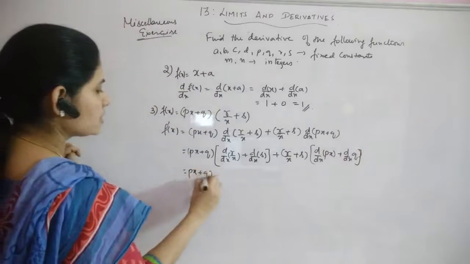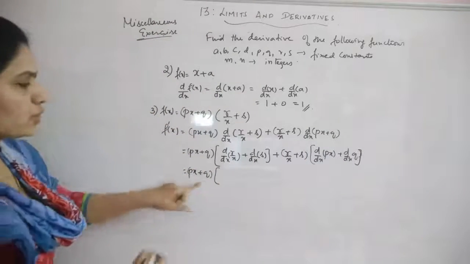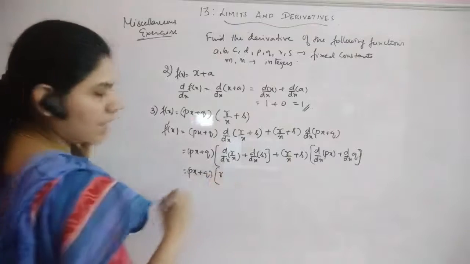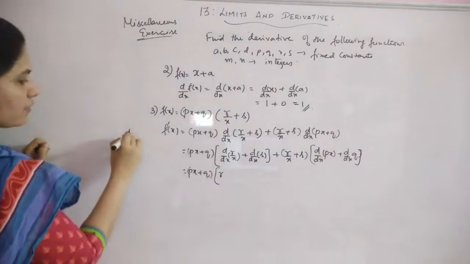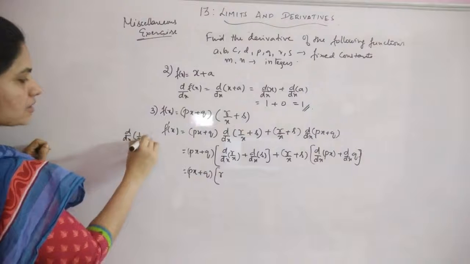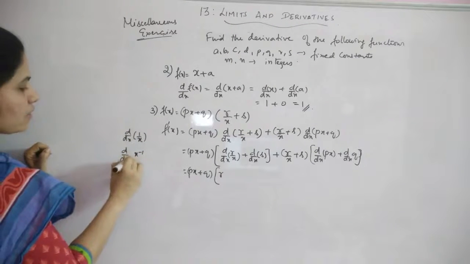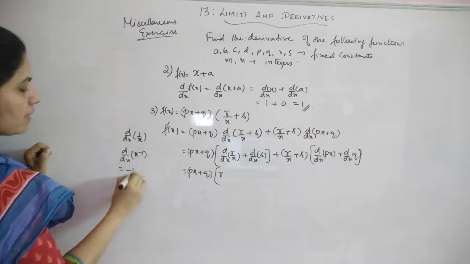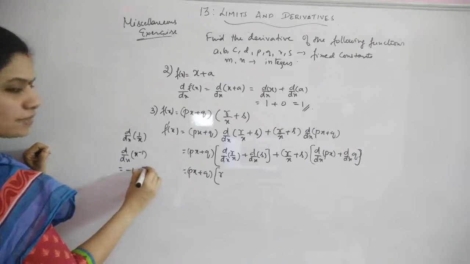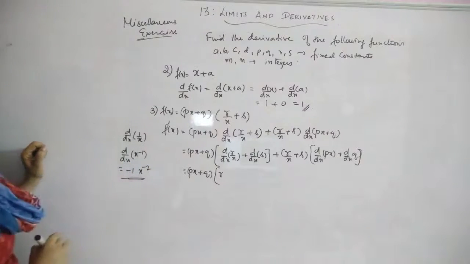So the first term will be px plus q into, if I have taken r out, we are left with d by dx of 1 by x. 1 by x means x raised to minus 1. So d by dx of x raised to minus 1 will give you minus 1 x raised to minus 1 minus 1, which is x raised to minus 2.